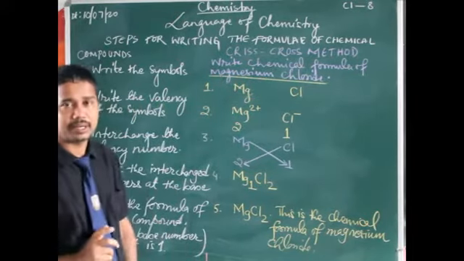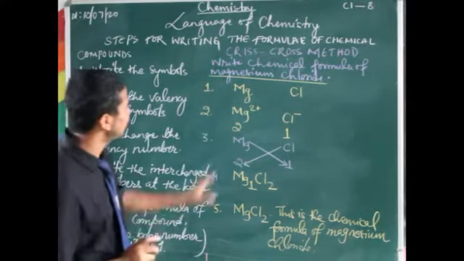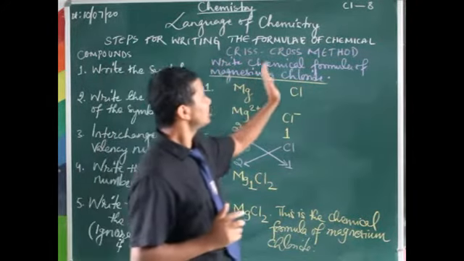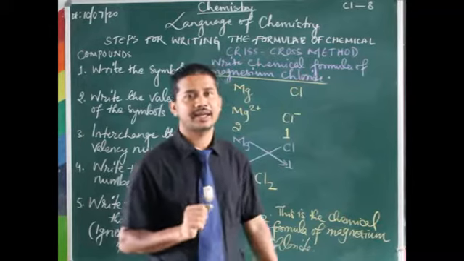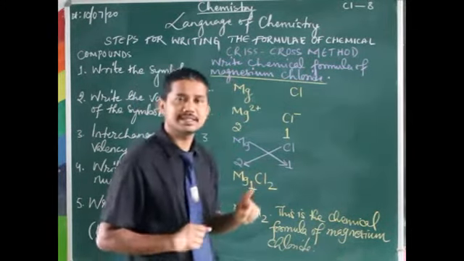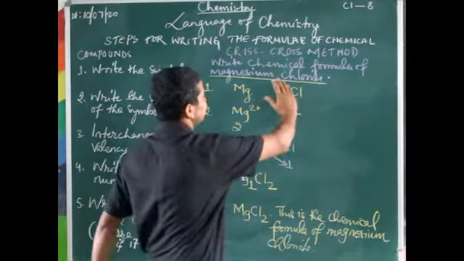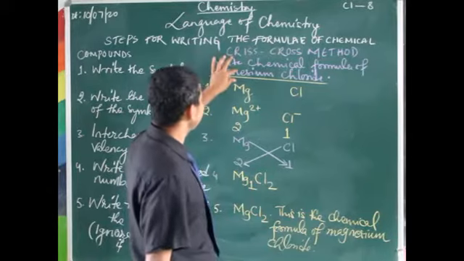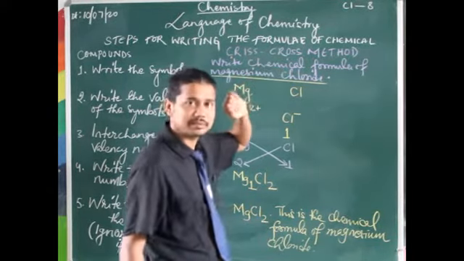Whenever we write a compound, on the left side we write cation, on the right side we write anion. So whatever is present on the left side is cation, whatever we write on the right side is anion. That means it will have positive charge and it will have negative charge.